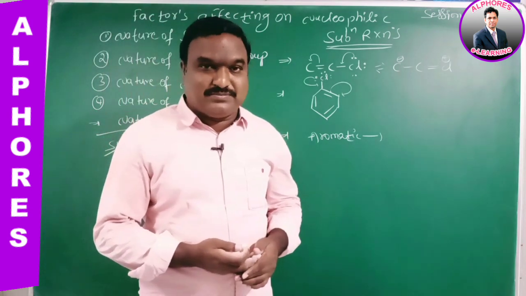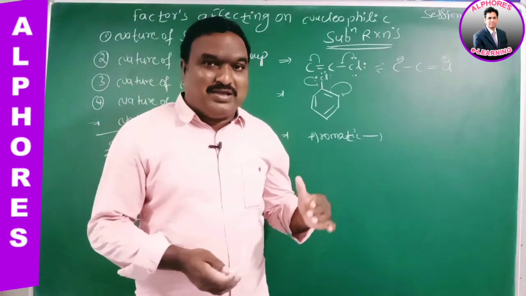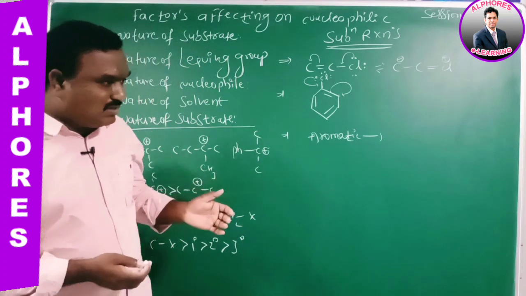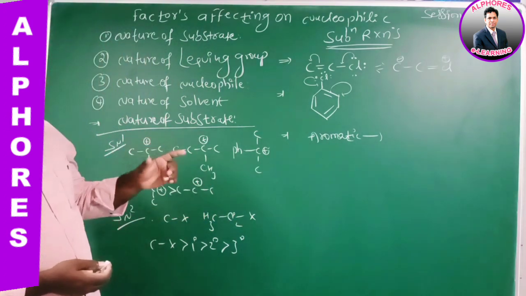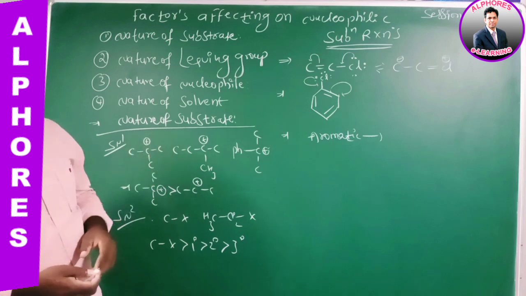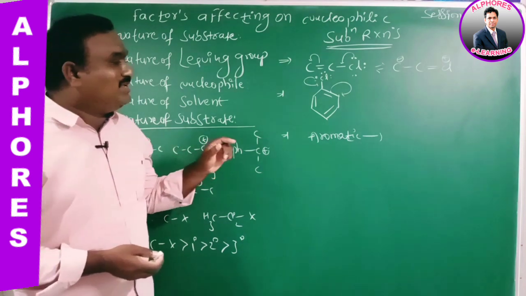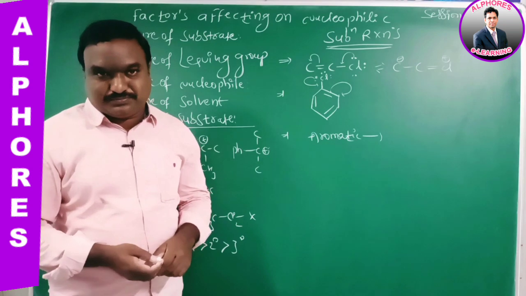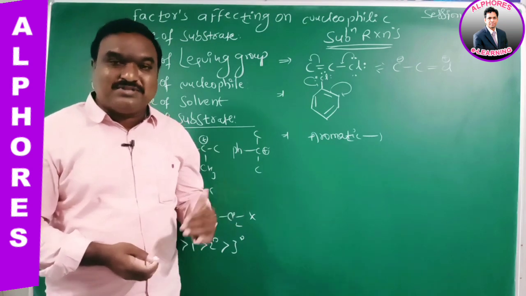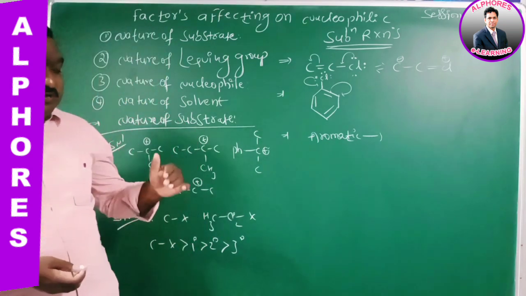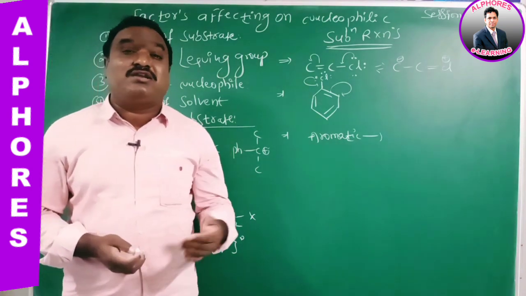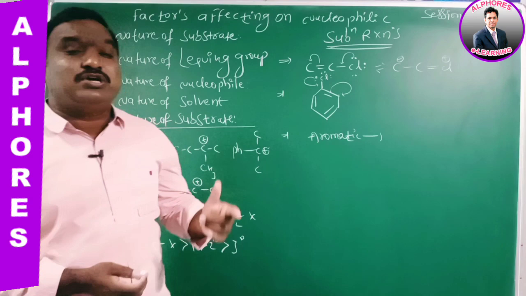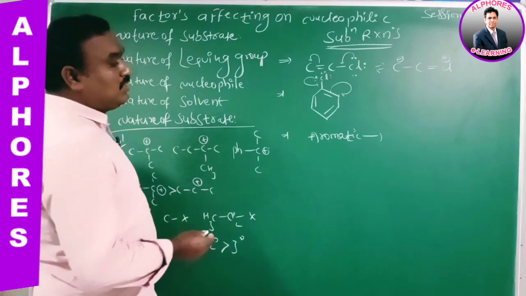If the aromatic ring is carrying a withdrawing group, then the aromatic compound's reactivity increases towards nucleophilic substitution reactions. What is the concept in this case? When withdrawing groups are present on an aromatic ring, the compound reactivity increases towards nucleophilic substitution reactions here.